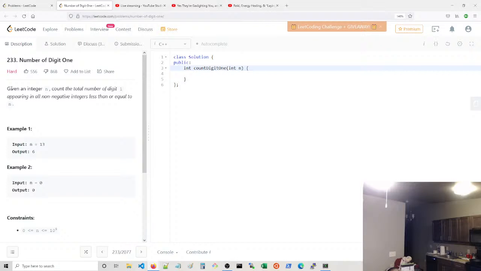Then from 100 to 999, you have the same number of ones from 0 to 99, 10 times, and then also 100 times you see a 1 in front.